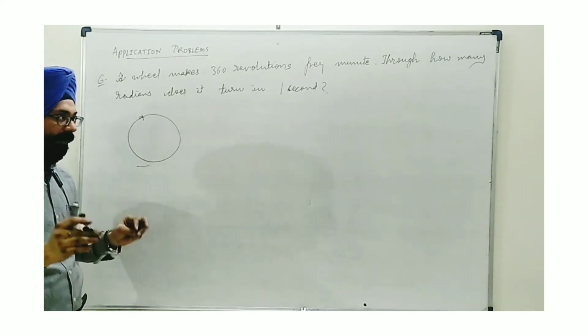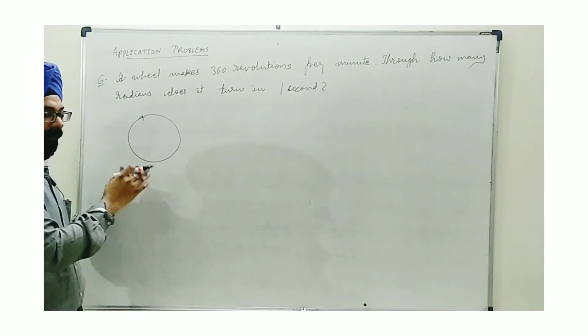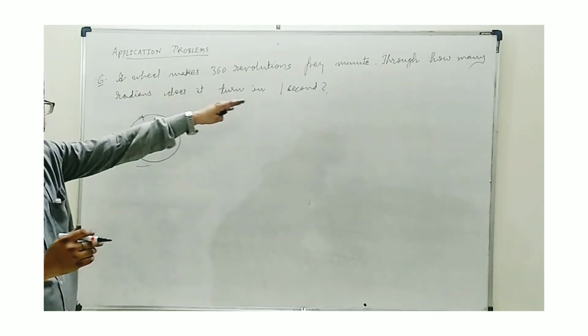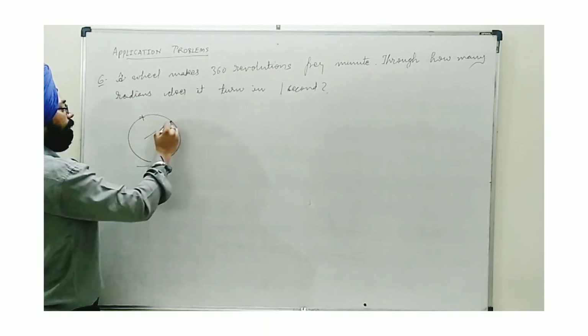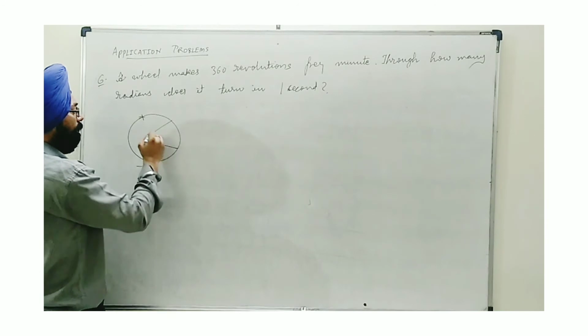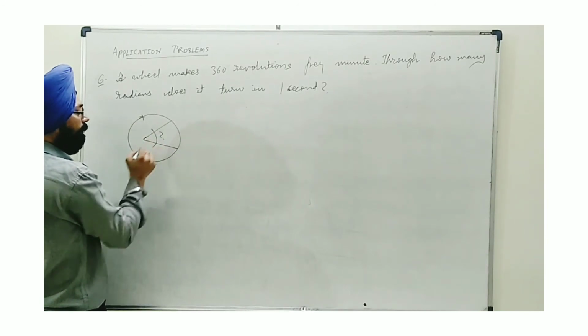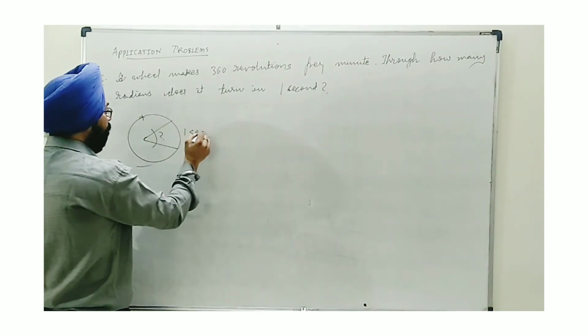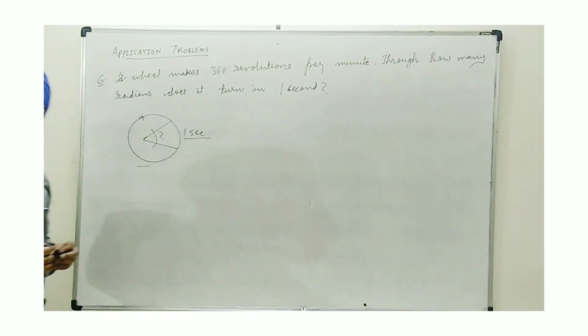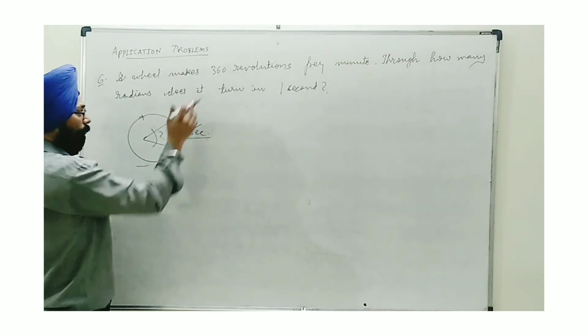Our purpose is to find the radians, and how many radians it turns in 1 second, meaning what is the angle subtended by the circumference at the center in 1 second. In radian we need to find this angle. Obviously time is given, so we have to relate all these facts.